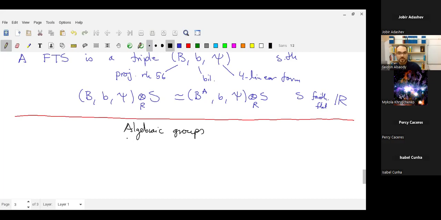And so first, we want the automorphism group of a reduced Brown algebra. What is that?